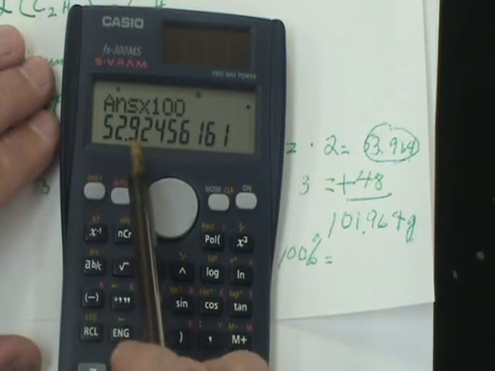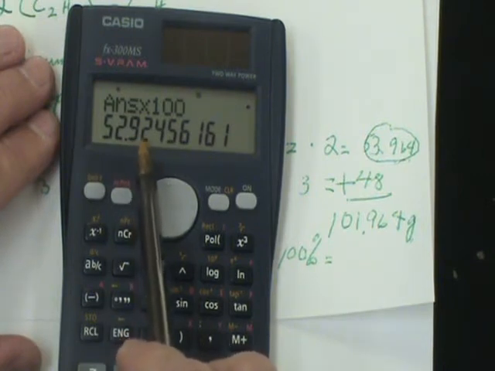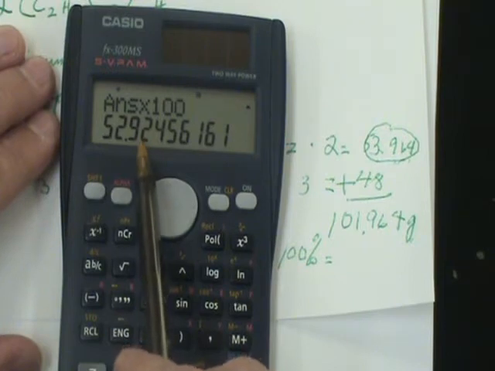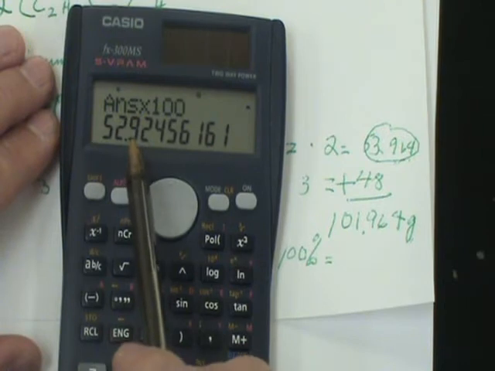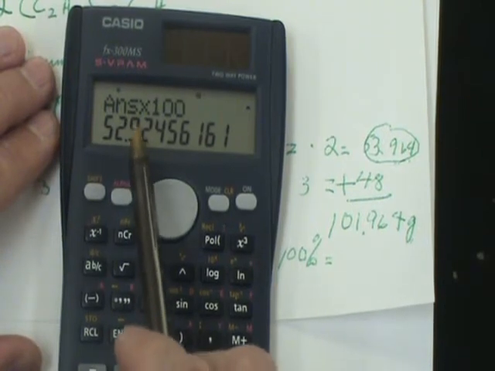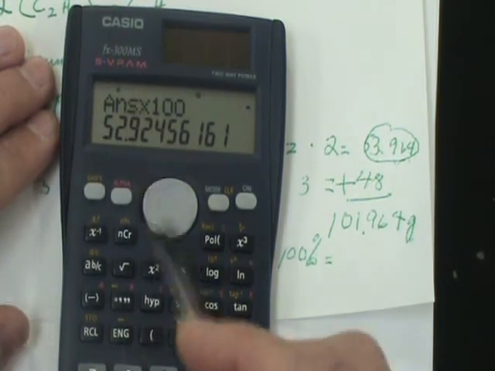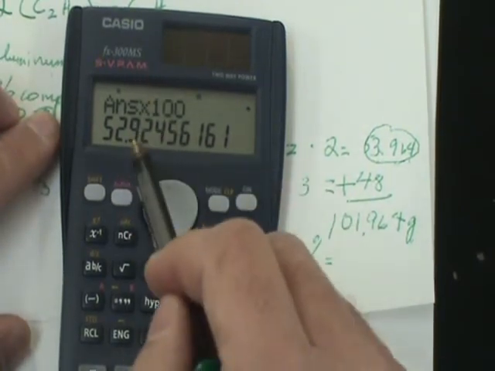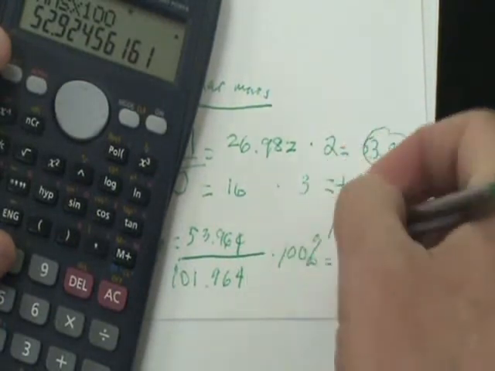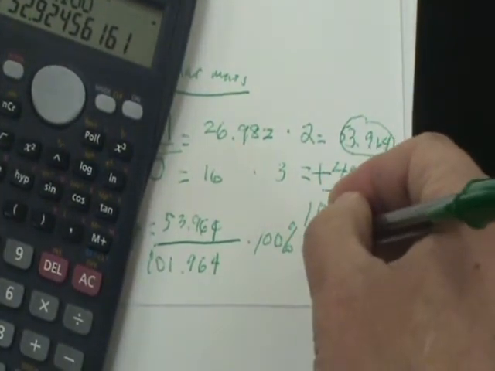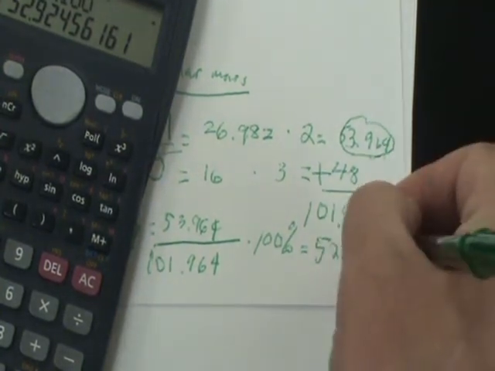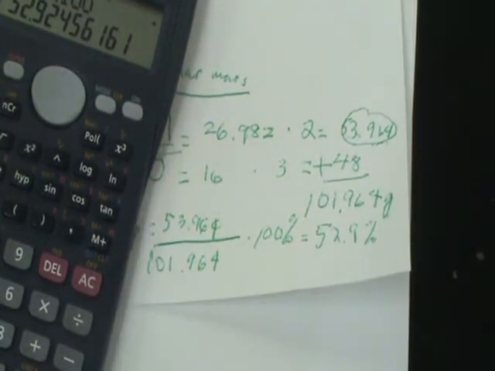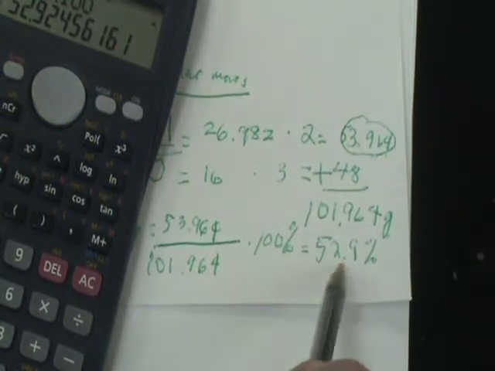If we look at the next number after 9, it's 2, so we keep 9, following our sig fig rules. So that comes out to 52.9%. So the mass of aluminum in the whole compound is 52.9%.